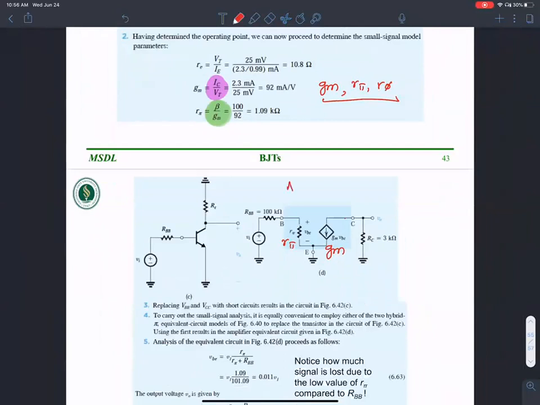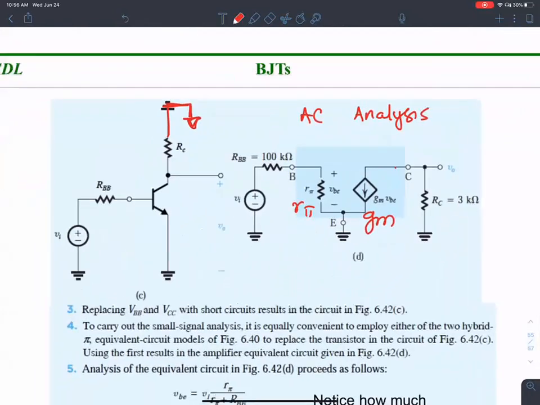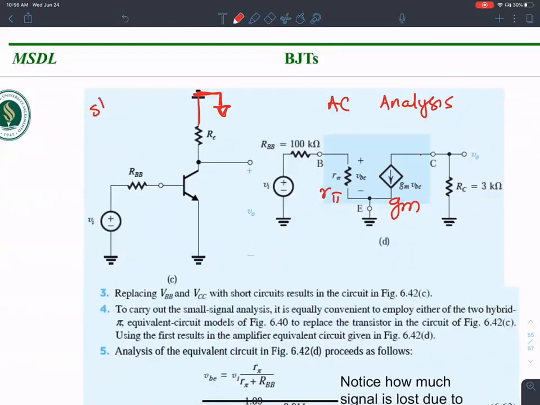analysis. AC analysis is simply to eliminate the DC sources. That's the reason why this VCC is tied to ground, because I wanted to deactivate the DC source. The way to deactivate a DC voltage source is to short circuit it.